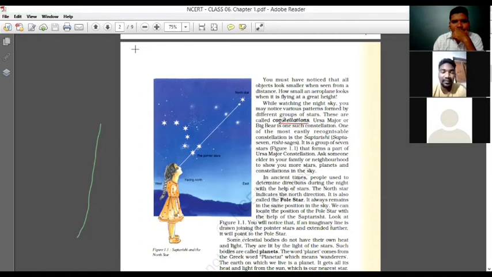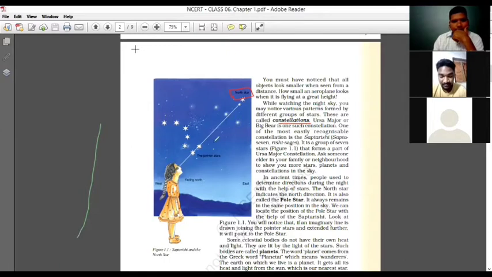So we used to see them in childhood, what we called the Saptarshi Mandal; that is called a constellation. So there are different patterns of stars. This girl is looking up to the North Star, that is also called the pole star, which is a known star to everyone.